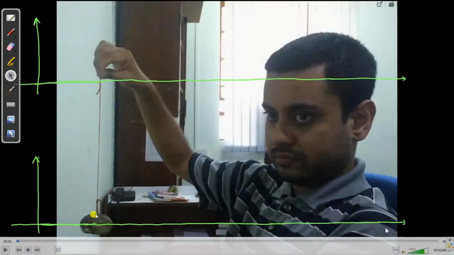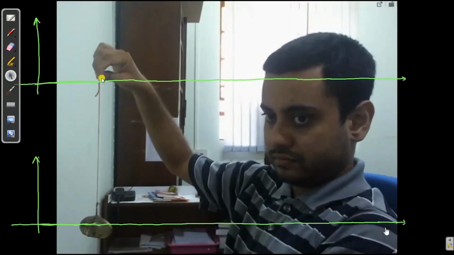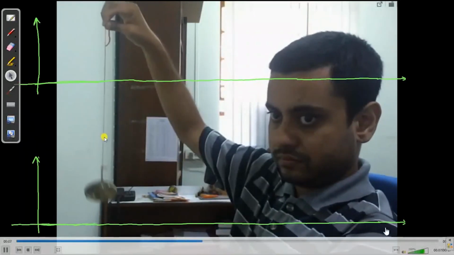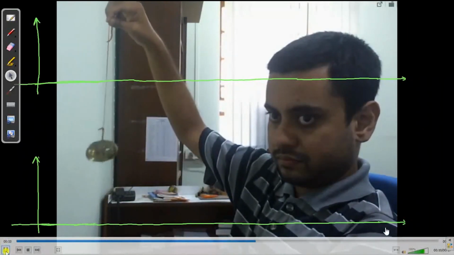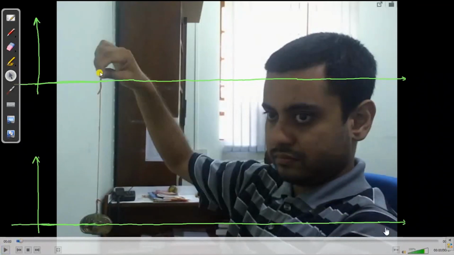Here I have a paperweight hanging from an elastic rubber band, and this is a system. If I raise my hand upwards, then this paperweight is also raised upwards. Now let me call the position or height of my hand with respect to this horizontal line as the input to the system.